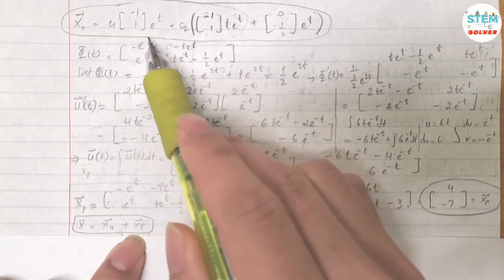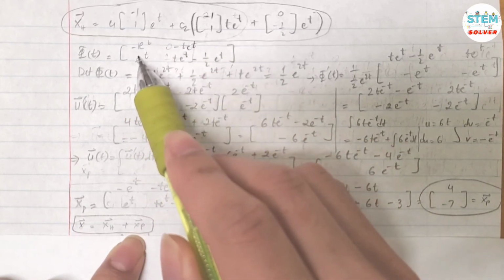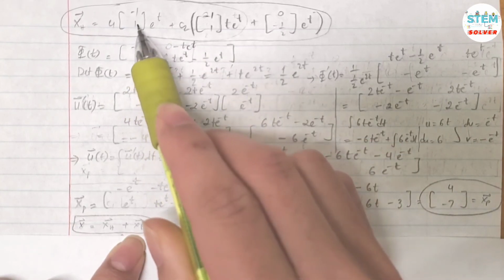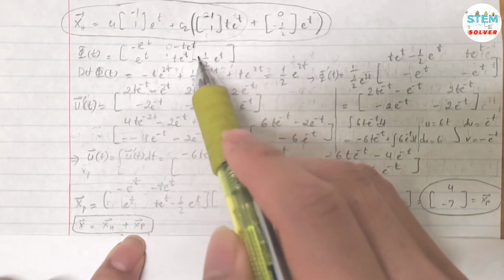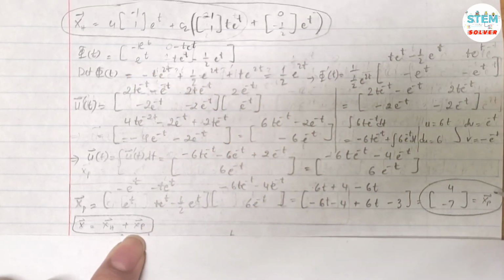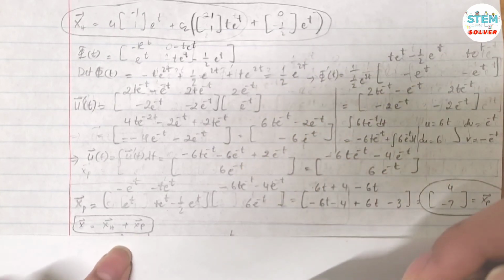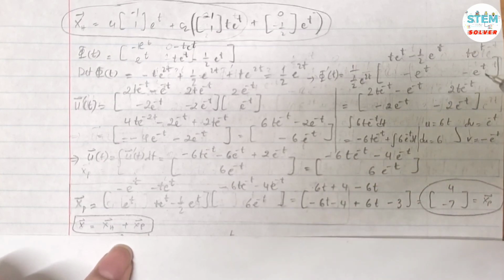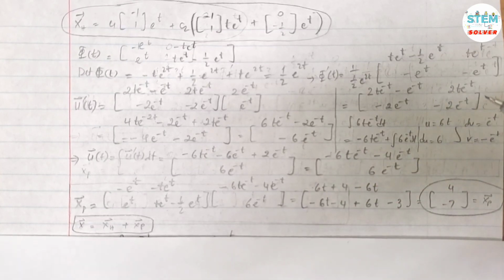If you put this in front for the first column and take this and put it down for the second column, it just gives you a different x of p. So if you follow me, this is the correct answer for this order. Otherwise you will get a different answer corresponding to your order.